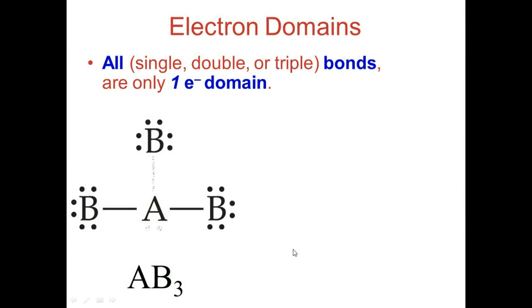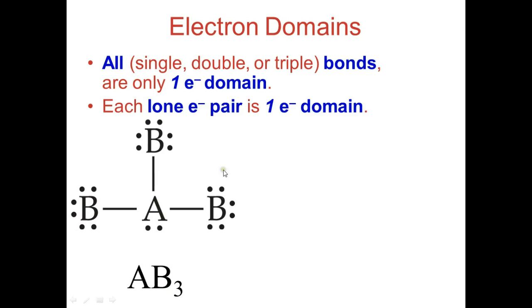So here we talk about electron domains. So all single or double or triple bonds count as one electron domain. So this is one domain, one domain, one domain, and then each lone pair counts as one domain too. So here we have 1, 2, 3, 4 domains, 3 bonds, which each count as one, then one lone pair.